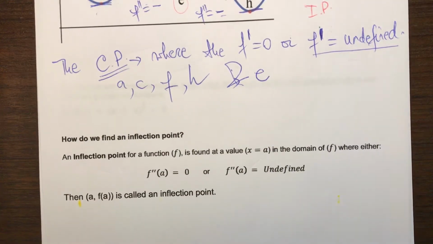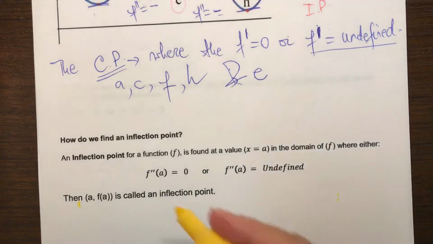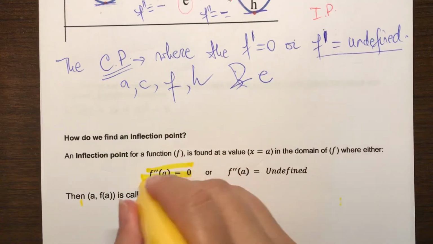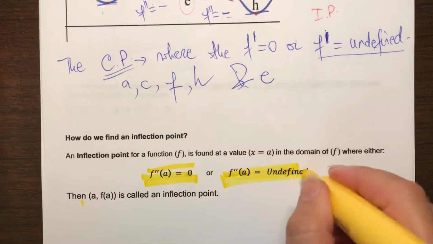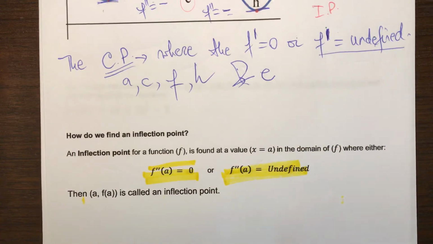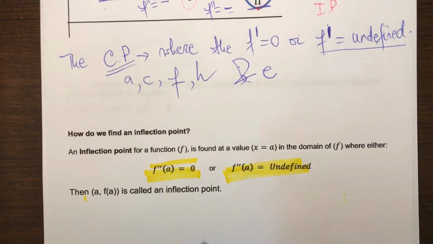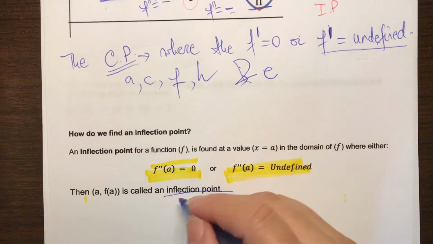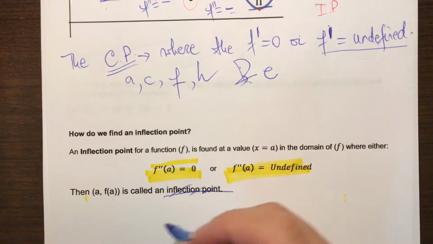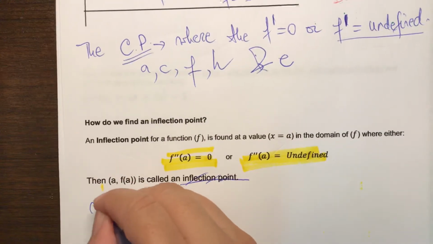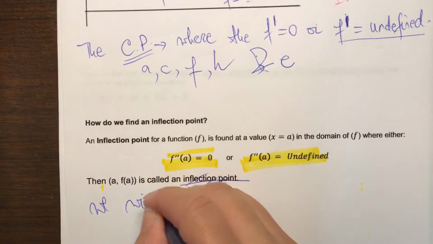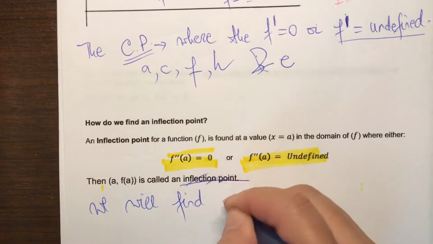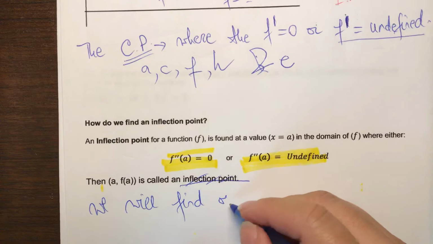Where do we find an inflection point? It's about the second derivative. So we'll find an inflection point where the second derivative is either 0 or undefined. Yes. Now, this is actually not quite true, so I'm just going to say something.